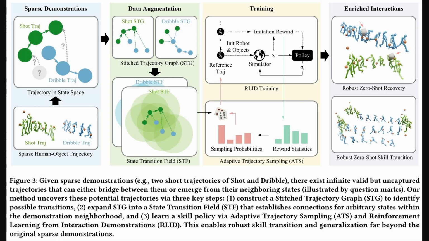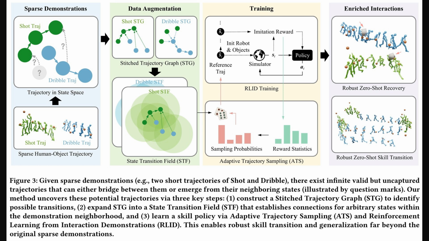So how does the system actually find those better, feasible solutions? Well, this next figure lays out the core method. It begins with sparse demonstrations, say, separate examples of a shot and a dribble. The system then uses data augmentation. First, a stitched trajectory graph helps to identify potential ways these separate skills could link together.